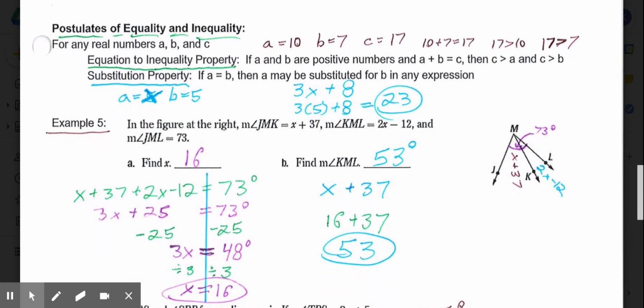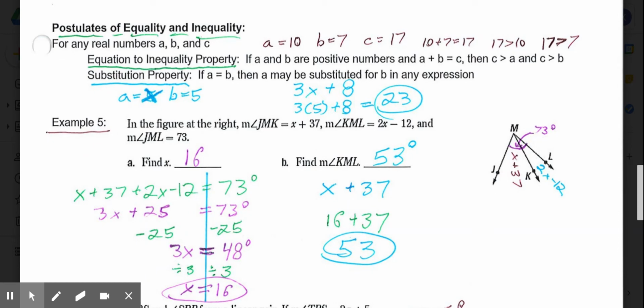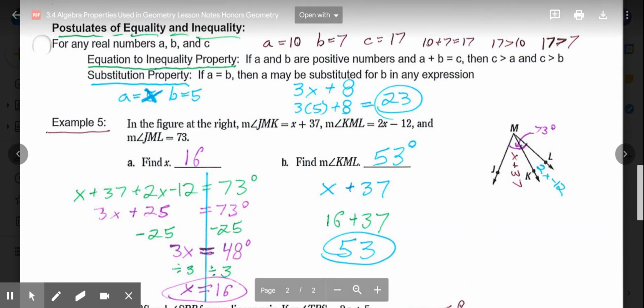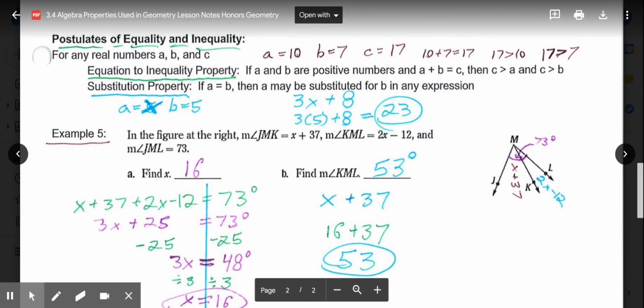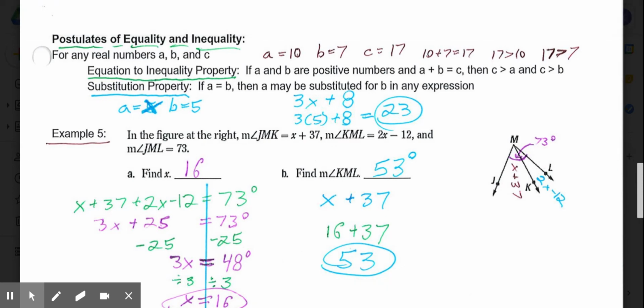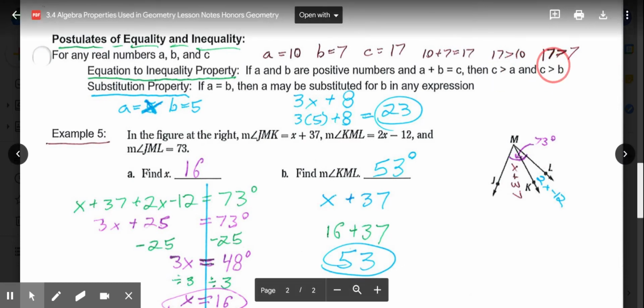So moving down, we have the postulates of equality and inequality. So it first states for any real numbers a, b, and c, the equation to inequality property says if a and b are positive numbers and a plus b equals c, then c is greater than a and c is greater than b, which you can see the example right above it.